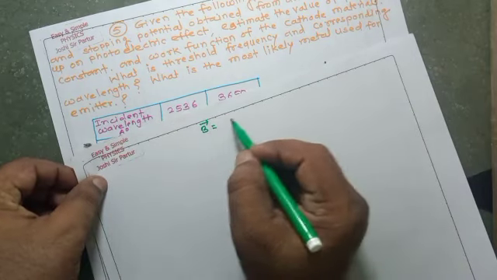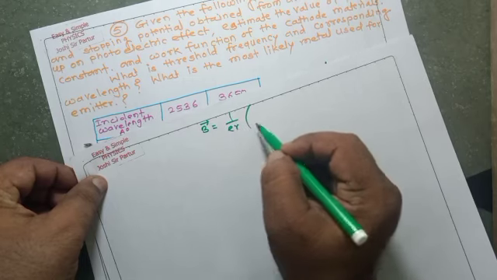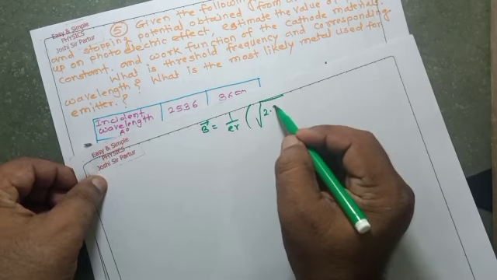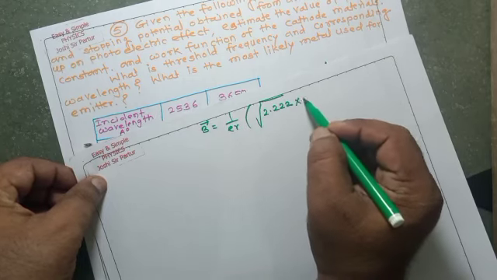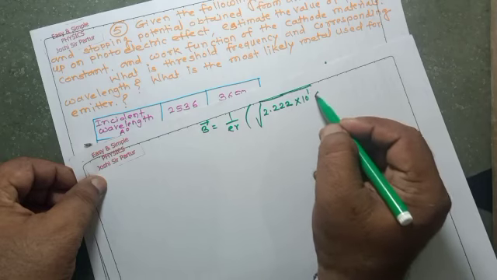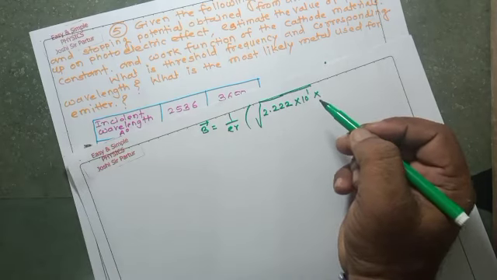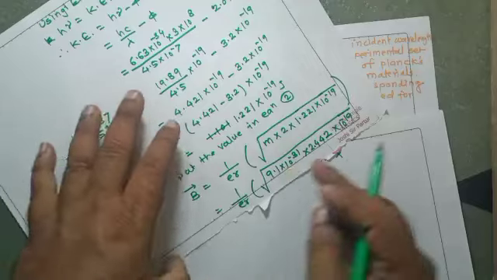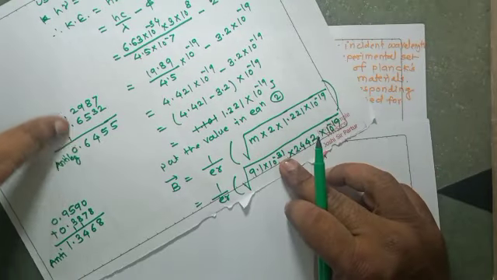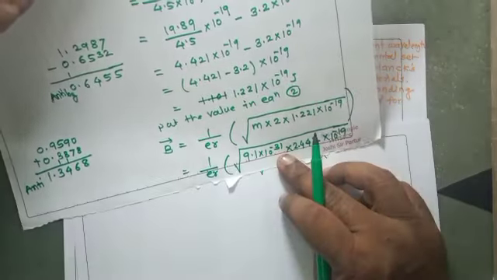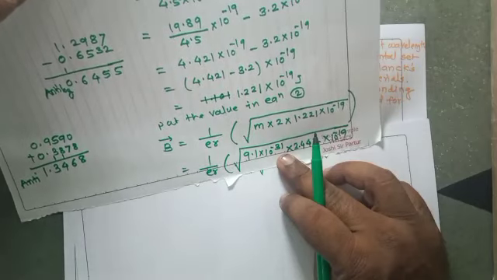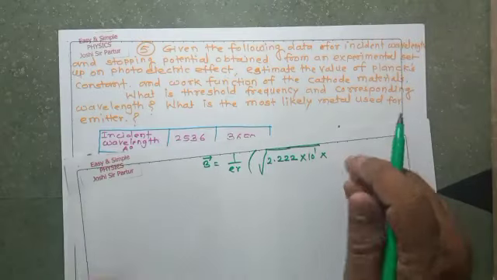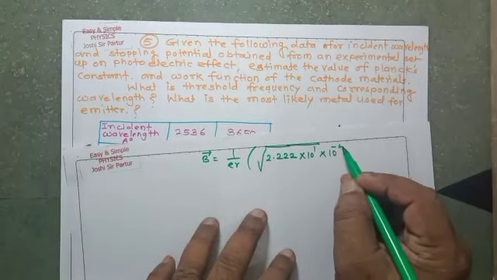B is equal to 1 upon eR square root of 2.222 into 10 raised to, see here, minus 19 minus 19 and minus 31, it will be minus 50.